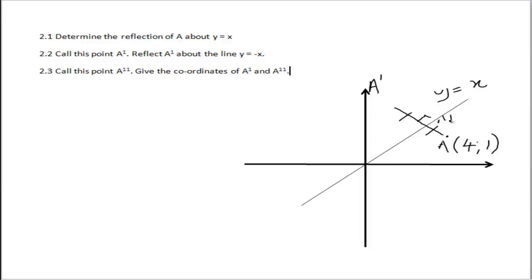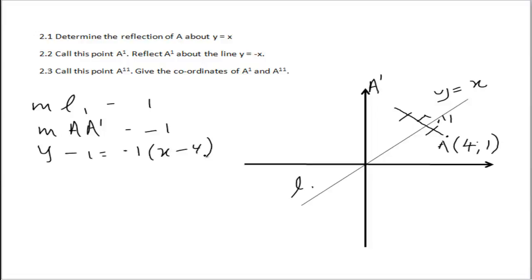Now we need the gradient of this line, and because they are perpendicular, let us call this line L1. The gradient of L1 is 1, and the gradient of AA prime is minus 1. Then we get the equation y minus 1 is equal to minus 1 into x minus 4, and you'll get y is equal to minus x plus 5.